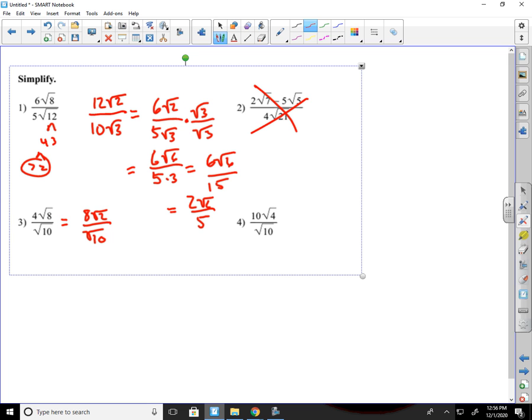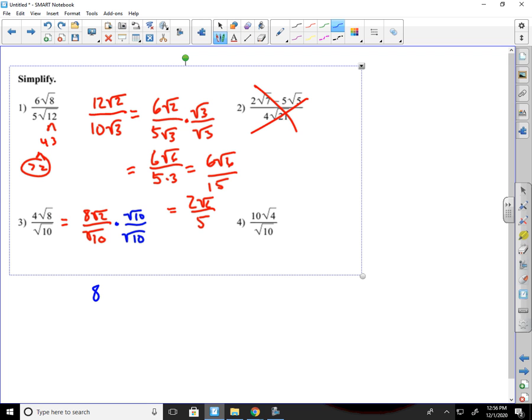I did figure that's the problem. All right. So then on this one, now that I'm not forgetting to do half the problem, I multiply by root 10 on the top and bottom.